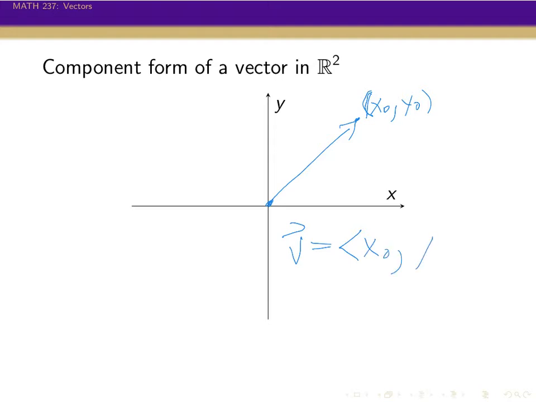And so I can write the vector like this. Notice that for the point, I'm using parentheses. But for the vector, to differentiate between the vector and the point, I'm using these angled brackets.